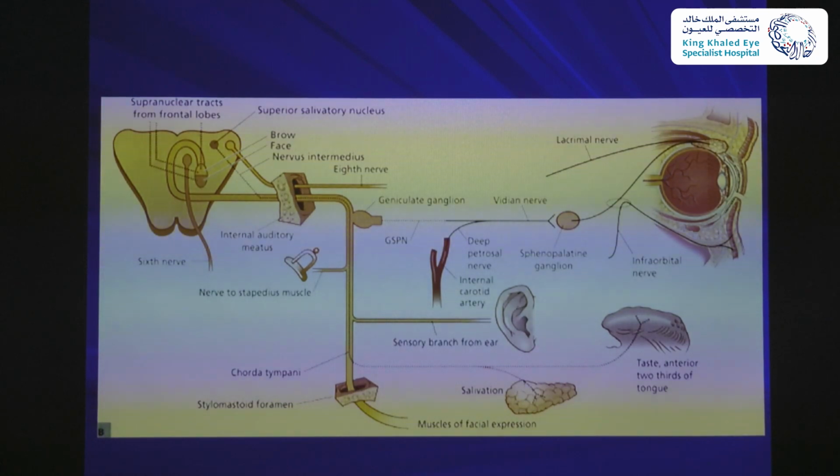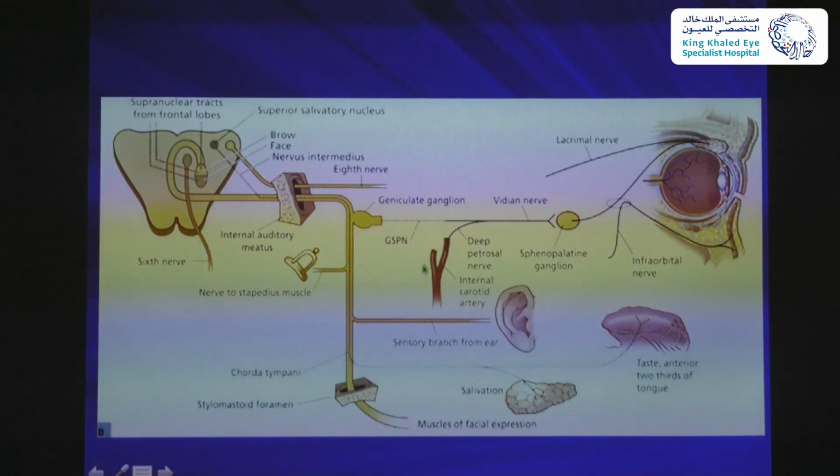What we see in ophthalmology is the lower motor neuron lesion. The middle ear is another place for other causes, like middle ear infection, cholesteatoma, and others. When the facial nerve leaves the canal and goes into the parotid gland, there is another set of problems that can happen in that location.